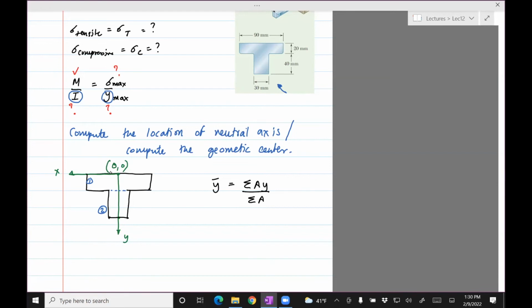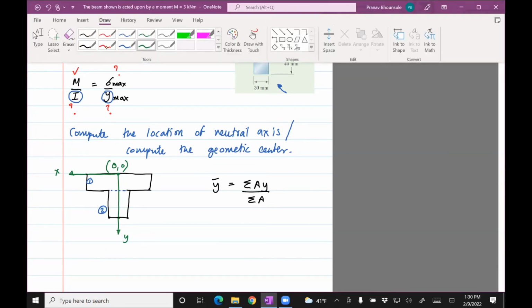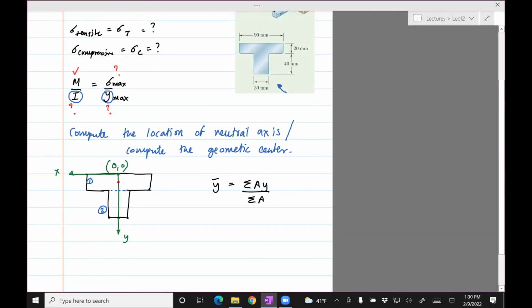Okay, now we need to find the centroids of individual pieces. The centroid of piece 1, with the distance measured from the origin, is 10 mm, just from here. And then the centroid of the second piece: you can see here, this is 40, so the centroid is at 20 from this cut. So it's going to be here.